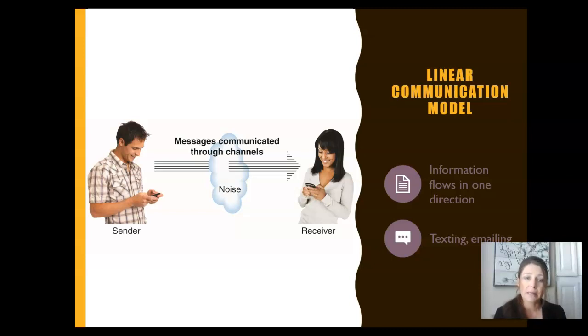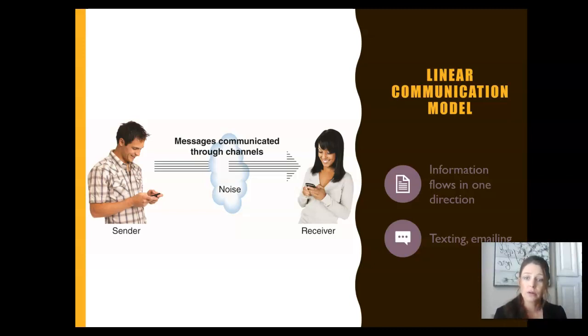There must be a message, though, and the sender of the message is the individual who generates the information to be communicated. They package the message and they choose a channel that they use to send it. So this could be texting or emailing or, of course, face-to-face. And then noise.